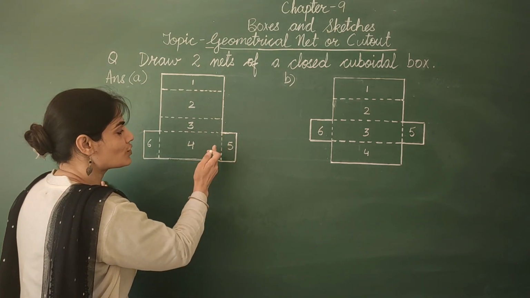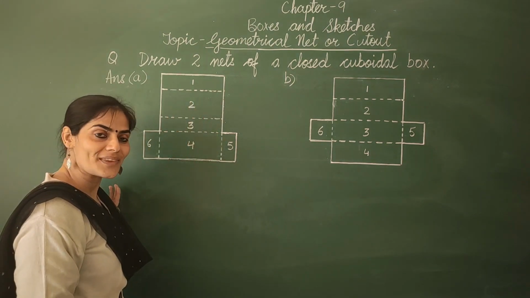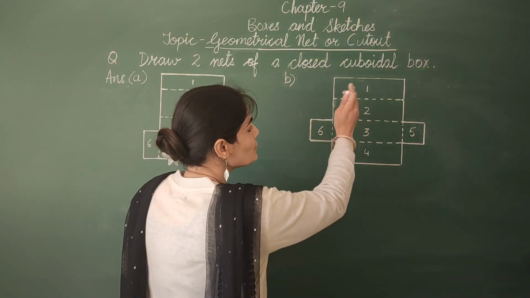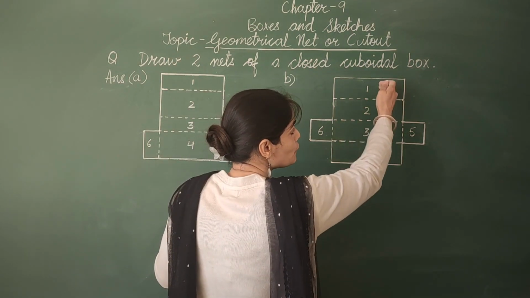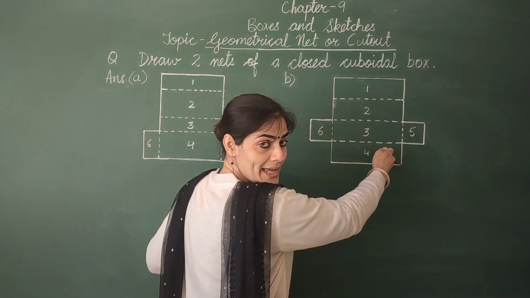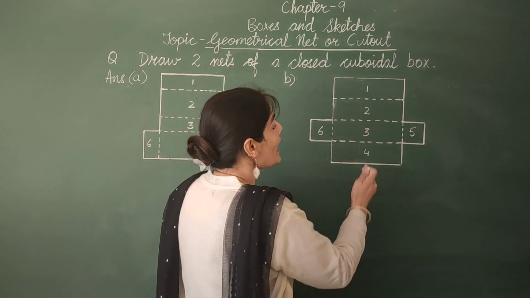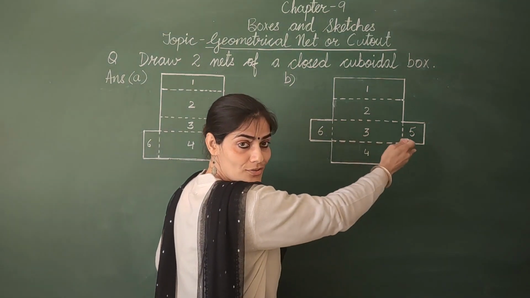That means the breadth of face 4 or face 2. Is it clear to everyone? Now we move to the second net. In this net, these 4 faces which are in a line, they are equal rectangles. And I drew the side faces beside face 3.